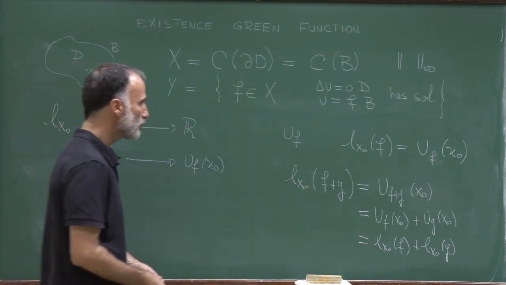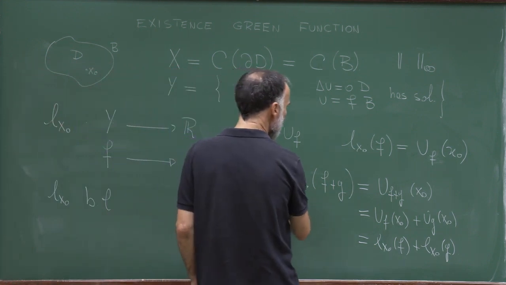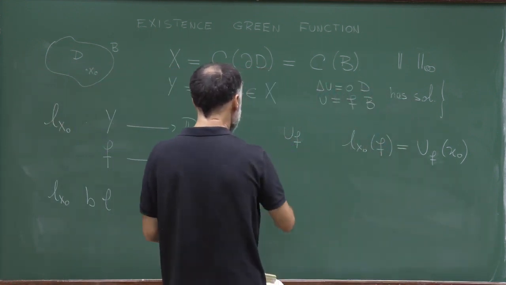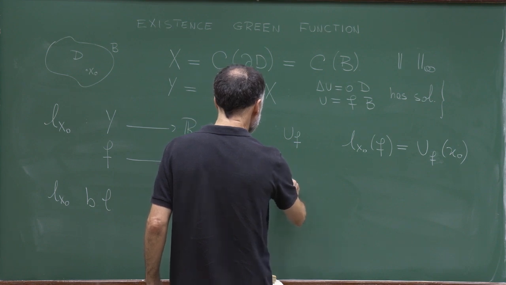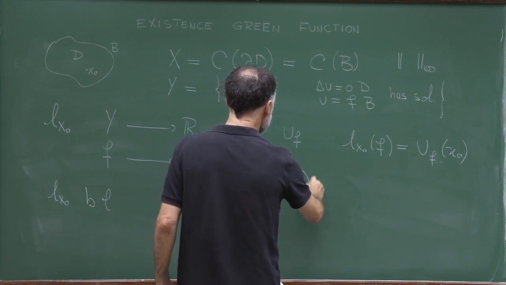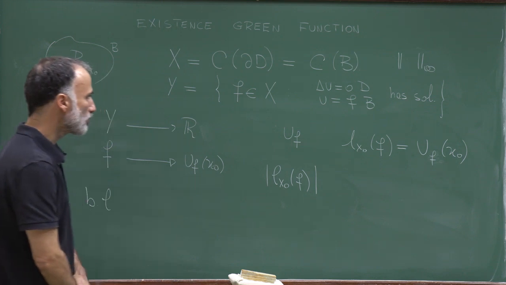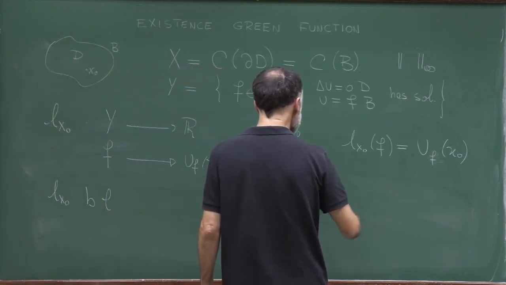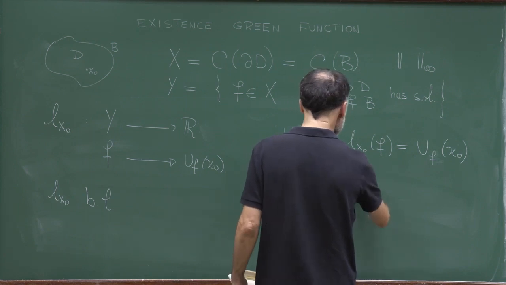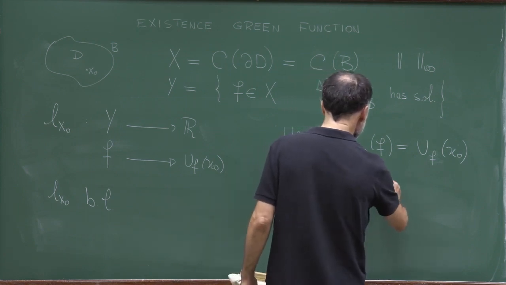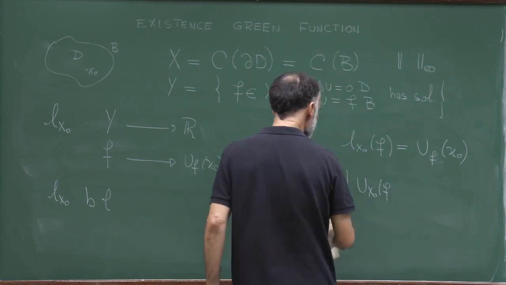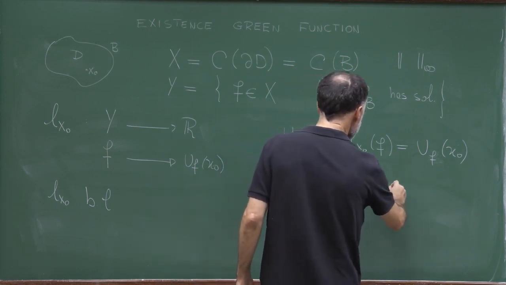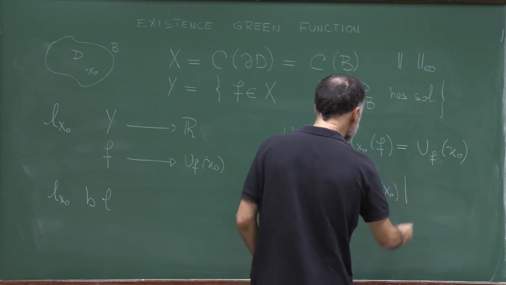So now let me prove that L_{x0} is bounded. So I want a bound on L_{x0} of f. But this, by definition of L_{x0}, is equal to u_f at x0.